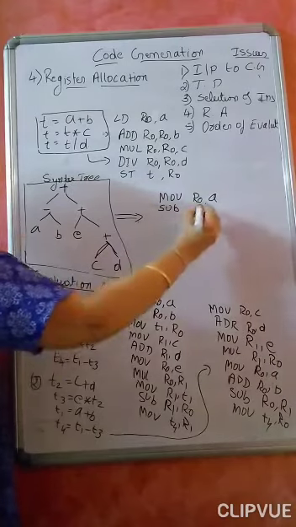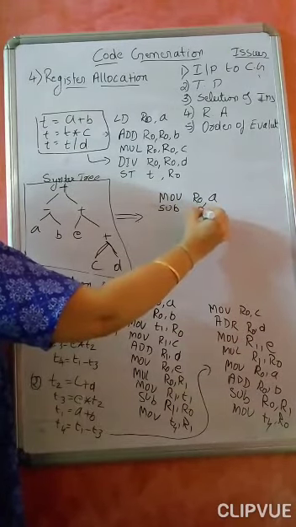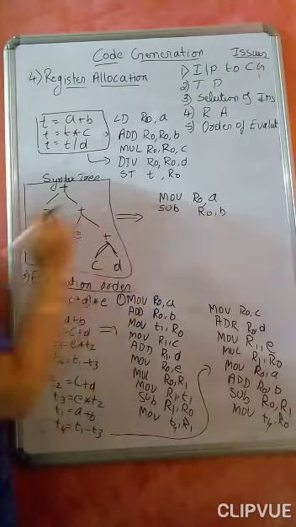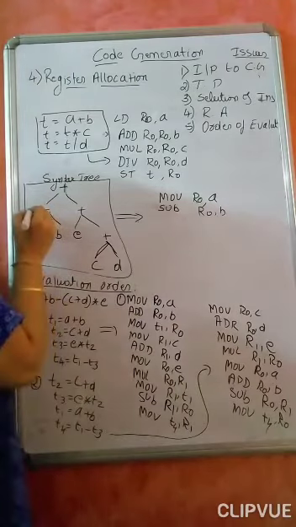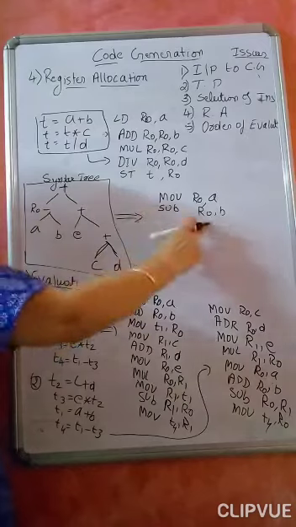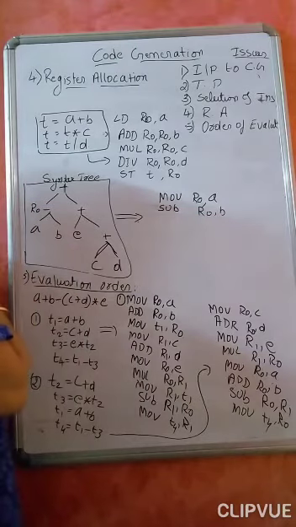So what do I have to subtract? Whatever is there in R0, that is A, minus B. Anyhow the result will be stored back into R0 only. So what is my R0 now? It is A minus B, stored in R0.